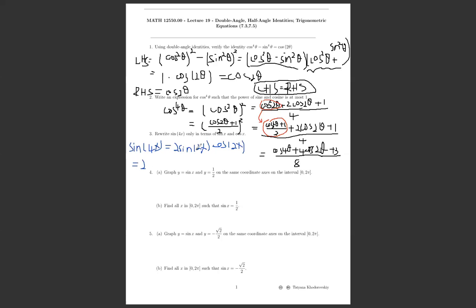Sine of 2x becomes 2 times sine x cosine x. And for cosine of 2x, you can use any of the three forms. In this case, I would use cosine square minus sine square.